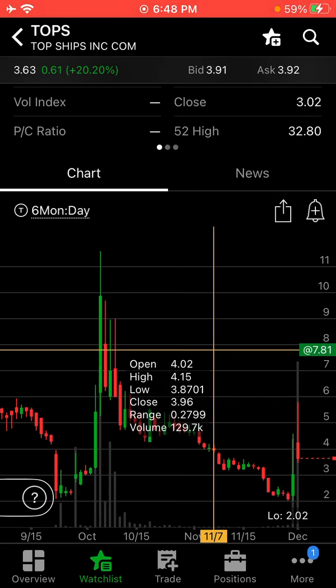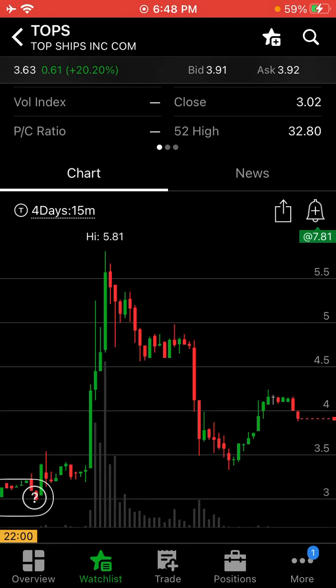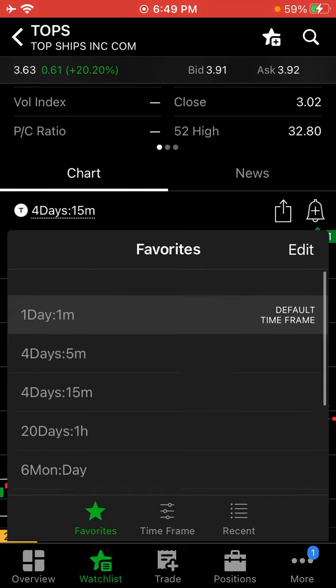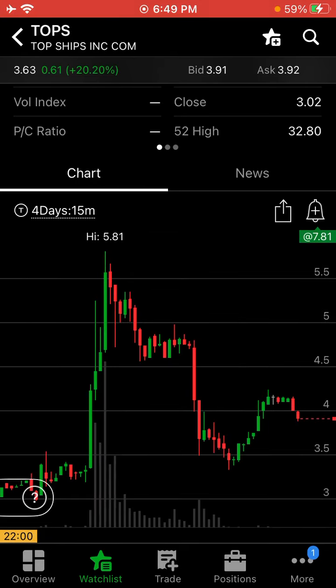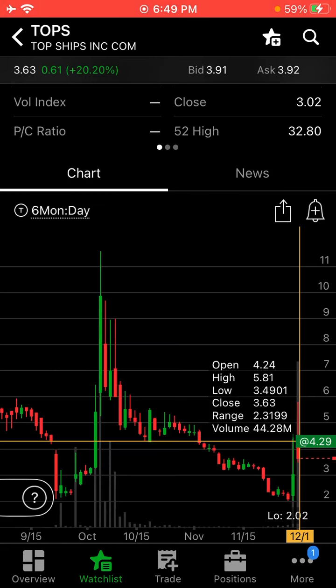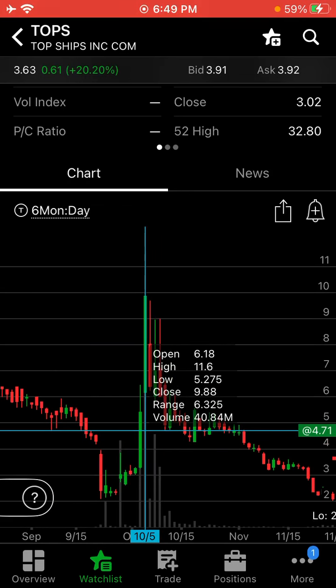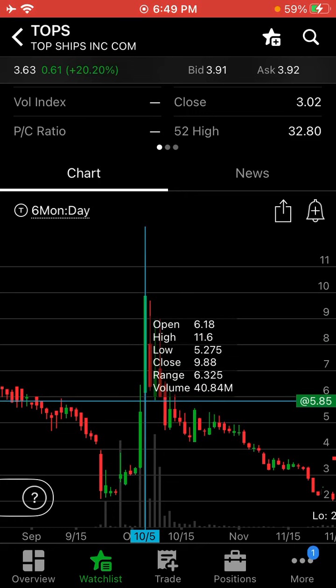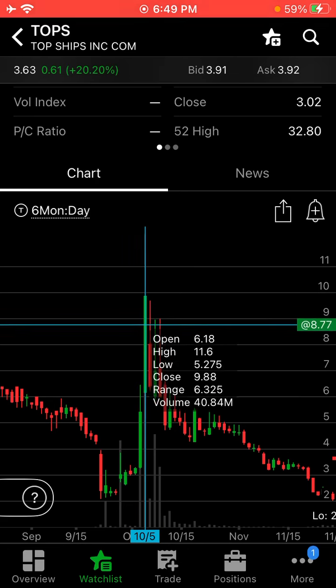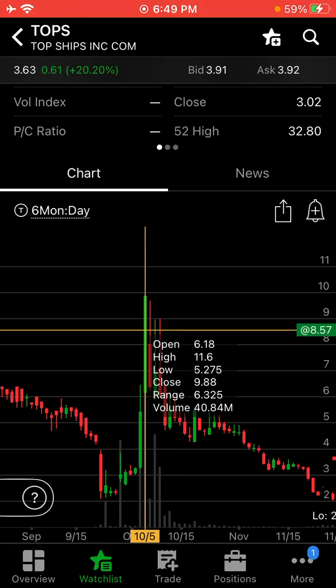I can see it on my computer, but on the phone app, if I want to look at the 15-minute chart, I can't go back 60 or 90 days to see what the average price was that day when it traded that much volume, on 10.5.